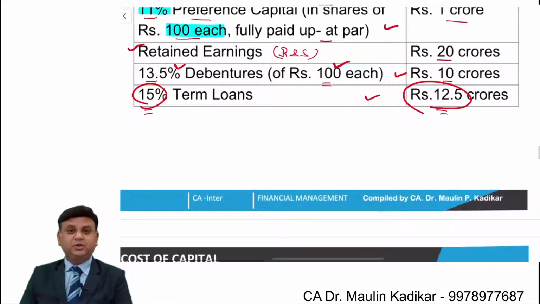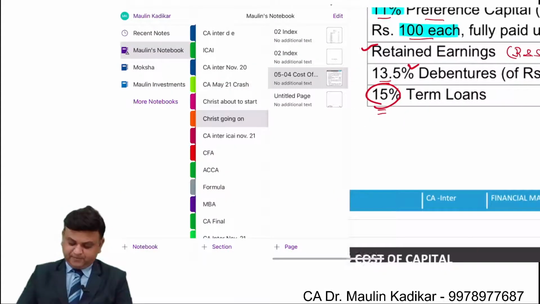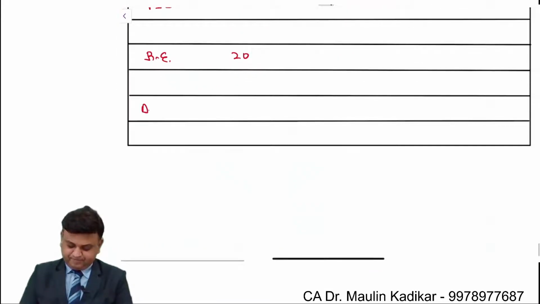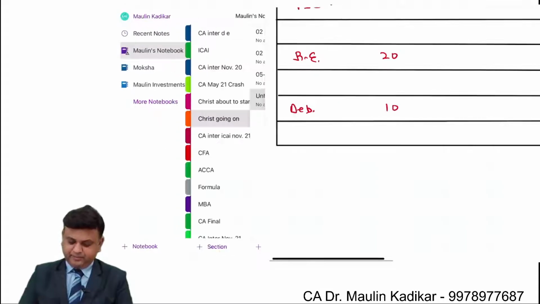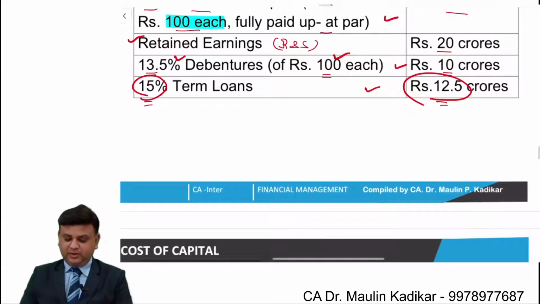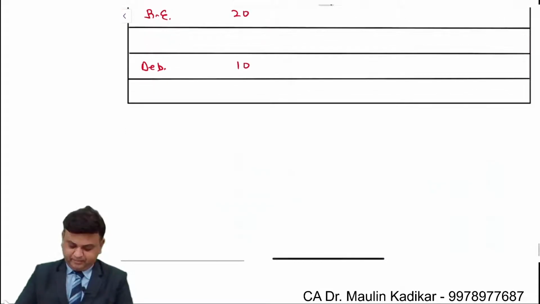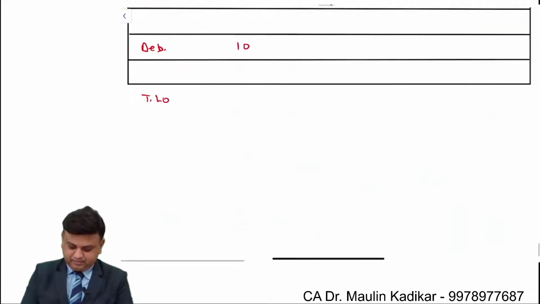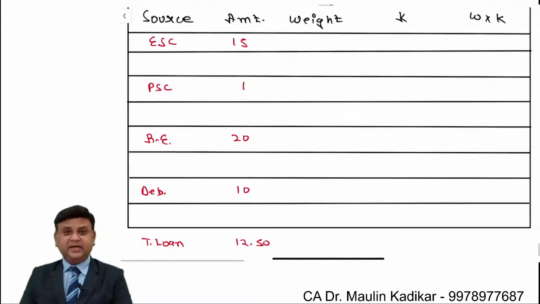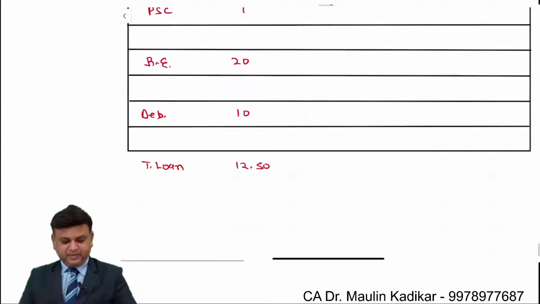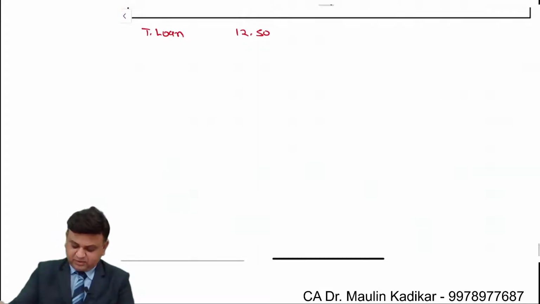Next, 13.5% debentures is 10 crore. And the last is the term loan, 12.5 crore. That is the way we will make the calculation. So 15 plus 1, 16, plus 20, that is 36, plus 10, 46, plus 12.5, that is 58.5. So the total comes to 58.5 crore.